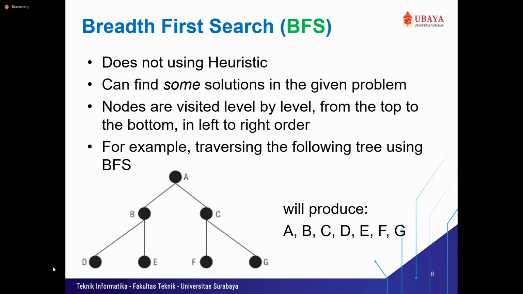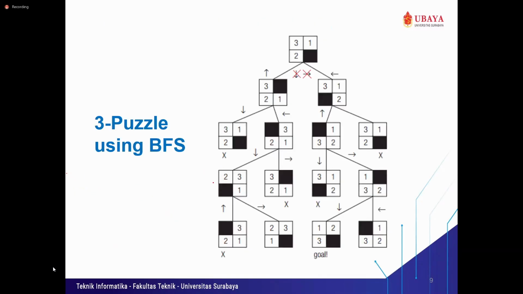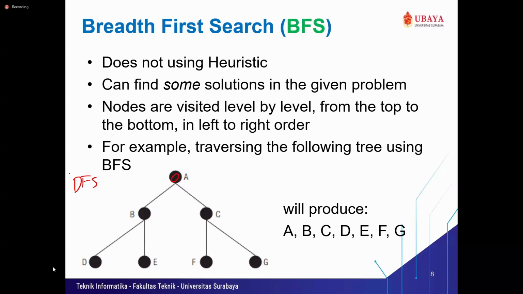It can find some solutions in the given problem. Nodes are visited level by level from the top to the bottom. So if it's like this, try using DFS on this. First, you start on A, right? Where will you go next if you use DFS?